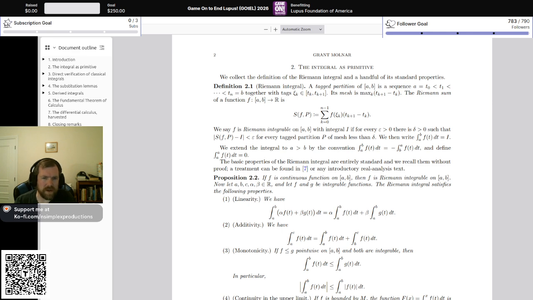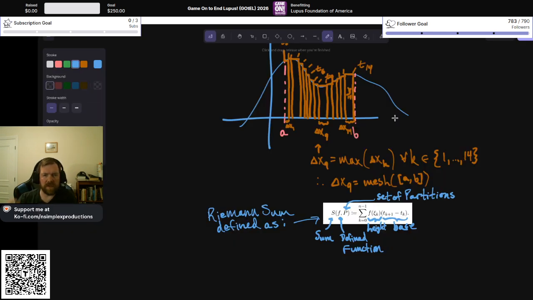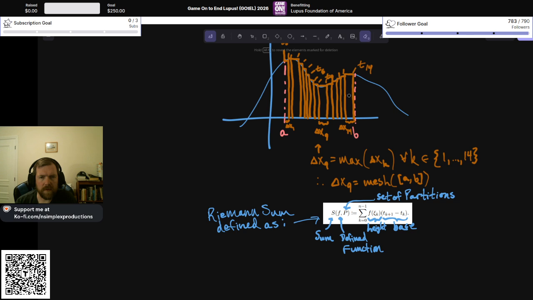Okay, c sub k is somewhere within the interval which we were talking about. So c sub 14, for instance, is just some x value within.